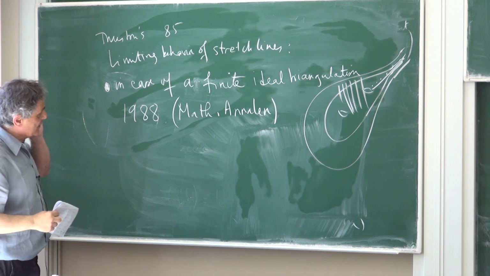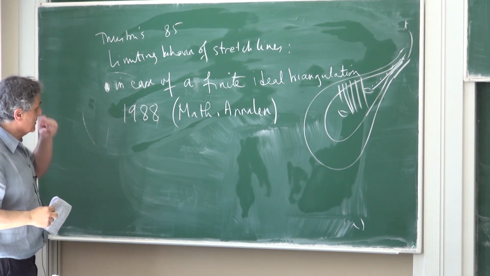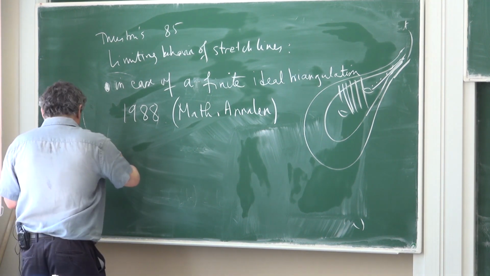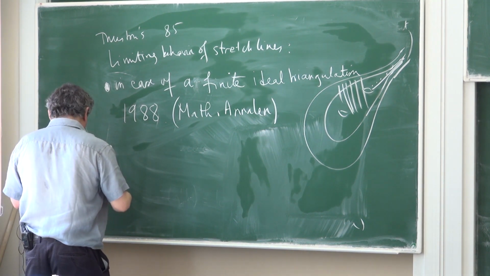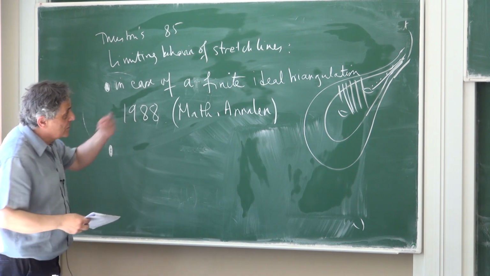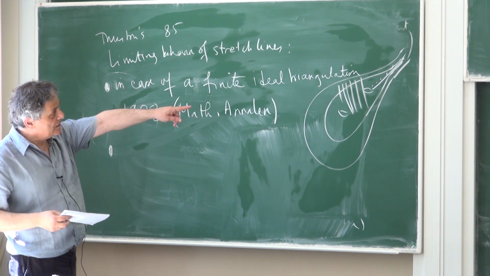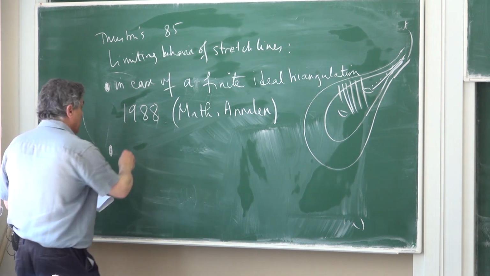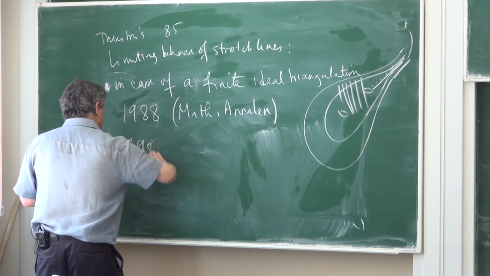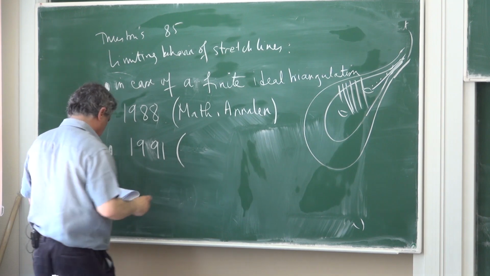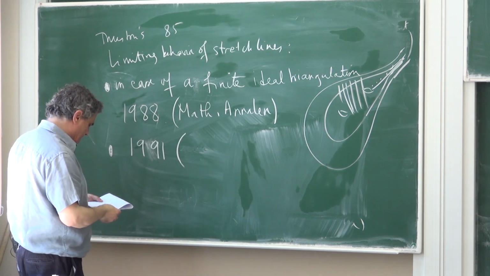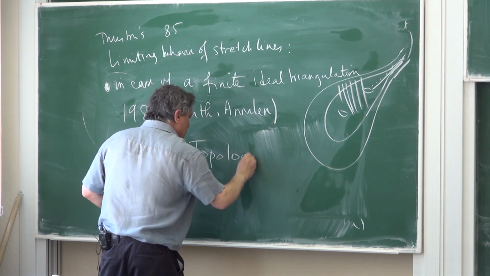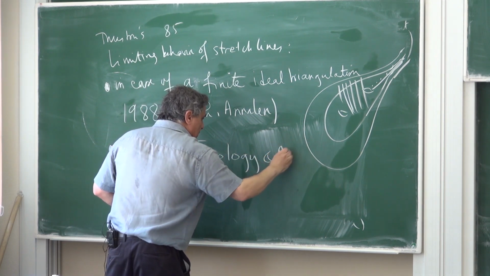I will explain this paper here, and then there's another paper which I wrote because I understood the general case, in fact, and not the case of this ideal triangulation. And this is 3 years later, 1991, in Topology and its Applications.